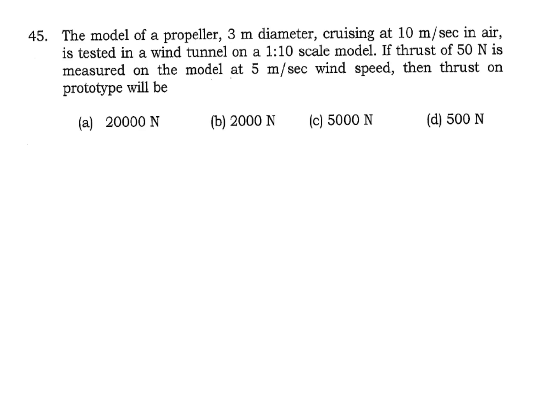First we will write the data given. The model of a propeller. So prototype diameter is 3 meter and cruising at speed. Velocity of prototype 10 meter per second and scale is 1:10.